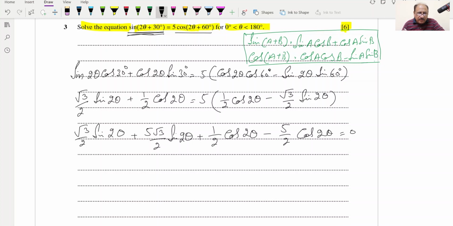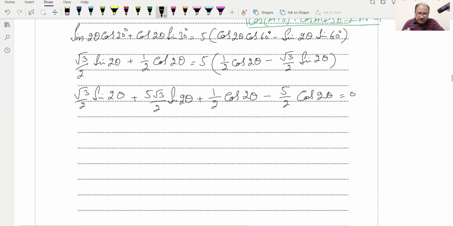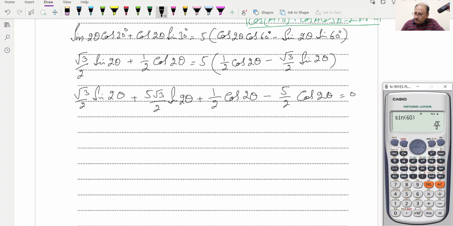Now adding the like terms, we can combine sine and cos, so this will be resulting to what? We can find basically 5 under root 3 by 2 plus under root 3 by 2 is already there, so plus fraction 5 under root 3 over 2, and this will be resulting to 3 under root 3.